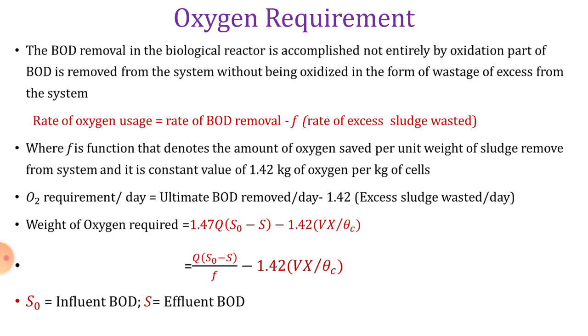BOD removal in the biological reactor is accomplished not entirely by oxidation; part of the BOD is removed from the system without being oxidized, in the form of excess sludge wasted from the system. Rate of oxygen usage will be calculated as rate of BOD removal minus F times the rate of excess sludge wasted, where F is the factor that denotes the amount of oxygen saved per unit weight of sludge removed from the system, and it is a constant value of 1.42 kg of oxygen per kg of cell.